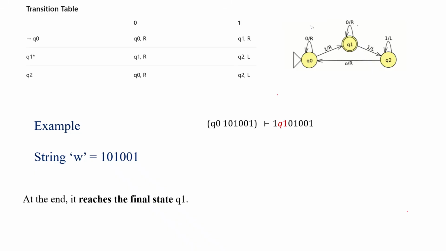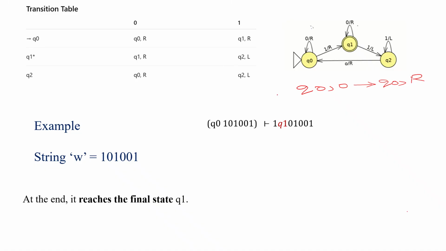First let us discuss the transition diagram. We have three states. Consider Q0 as the initial state and Q1 as the final state, represented by a double circle. Here, when the state is Q0 and it reads 0, the next state is Q0 itself and the direction is R, right-hand side. That means when in state Q0 it reads 0, it remains in the same state.